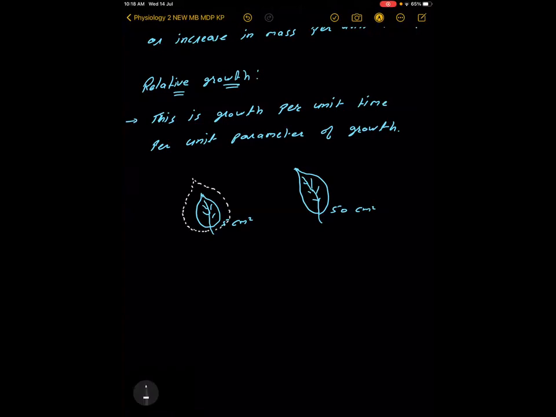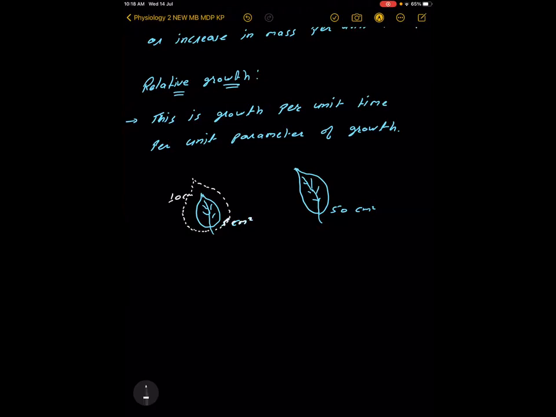So this leaf has to grow up to 10 centimeters square, and its initial area is 5 centimeters.